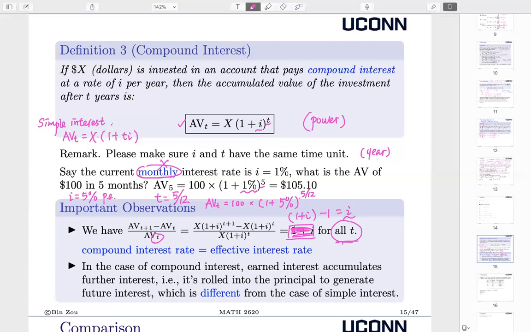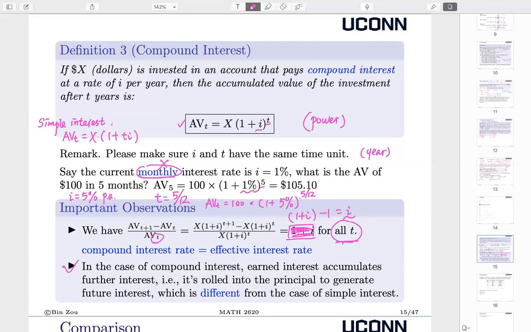You do get the interest, but it does not make your principal bigger. In compound interest, in each period, the earned interest is rolled into the principal. You can think of it that way, because the effective principal becomes larger, but that is not the case in simple interest. That is why it is very, very important to notice that.